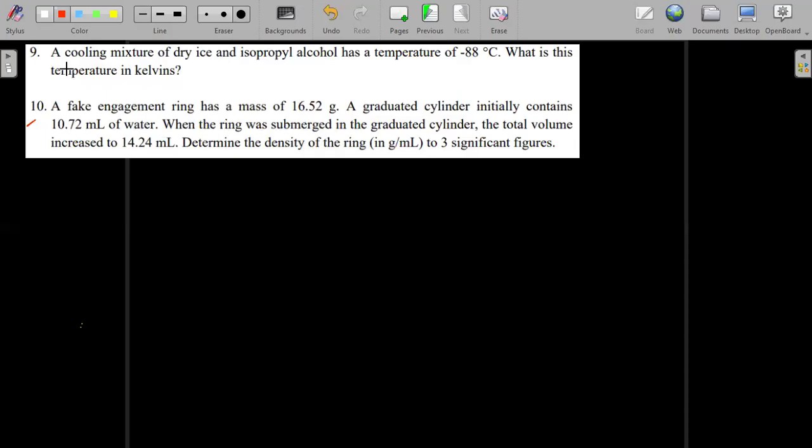The last question there is, they're saying a fake engagement ring has a mass of 16.52 grams. And then they're saying a graduated cylinder initially contains water. So we can say V1, or volume 1, is 10.72 milliliters of water.